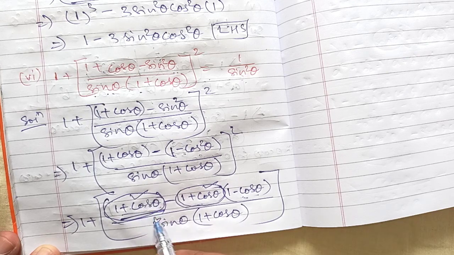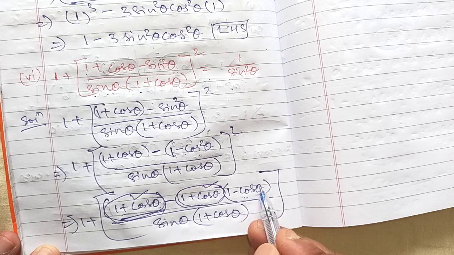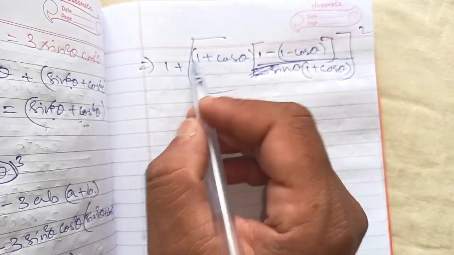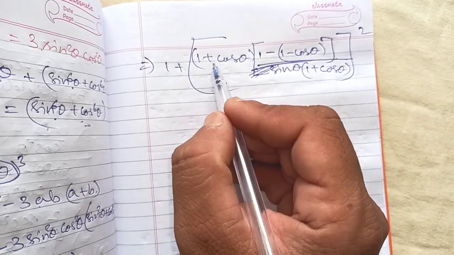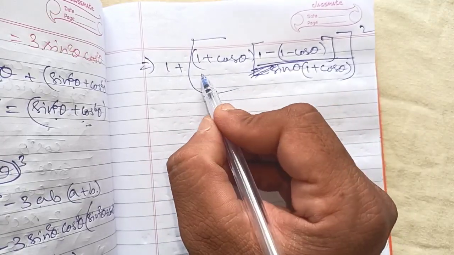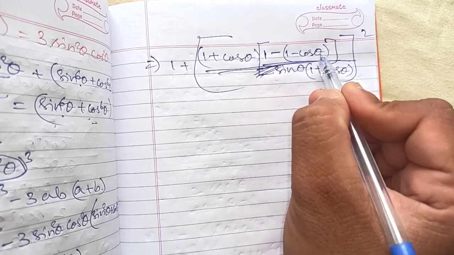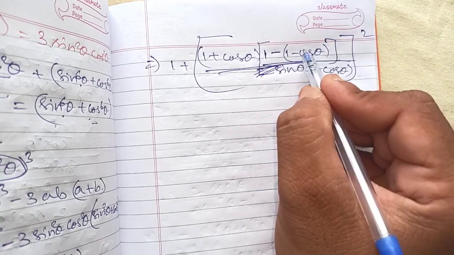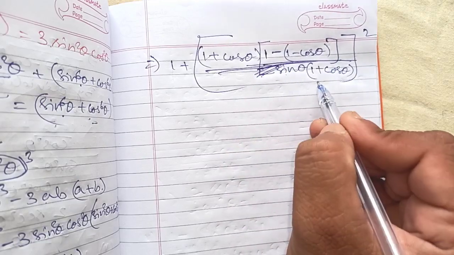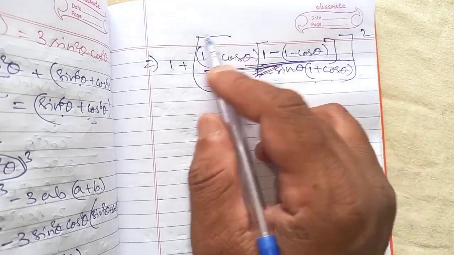Nothing is there means 1 we have to write. And from here if I will take out 1 plus cos theta common means this much will be left. Okay. So I have taken out common here. Look at here. 1 plus cos theta common I have taken out. Okay. And inside the bracket 1 is there, minus 1 minus cos theta. Okay. This bracket close, whole divided by sin theta into 1 plus cos theta total square.